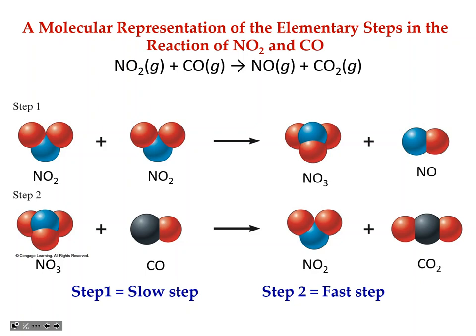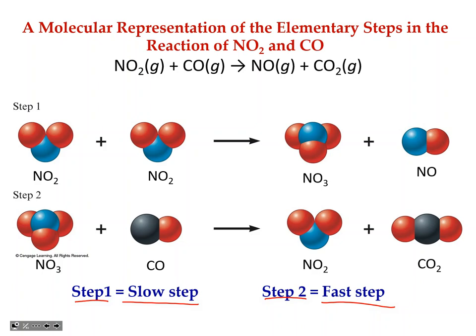Another key piece of information, they have to tell you which step is the slow step. So the first step is the slow step, the second step is the fast step.